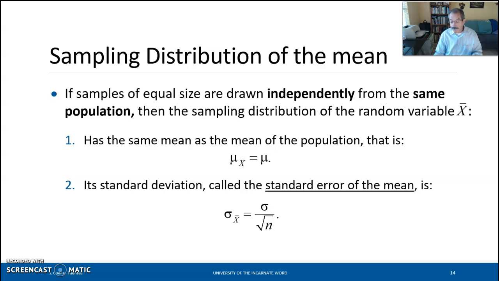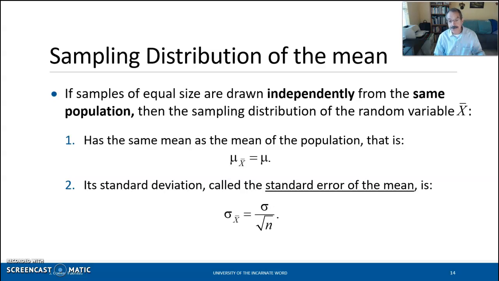From the fact that we have independent observations in each sample, theoretically it can be shown that the mean of the sampling distribution of the mean is just the mean of the population, and that the standard deviation of the sampling distribution is the standard deviation of the population divided by the square root of the sample size.